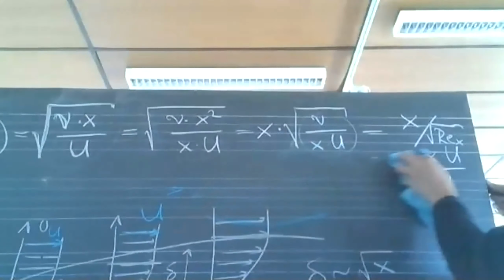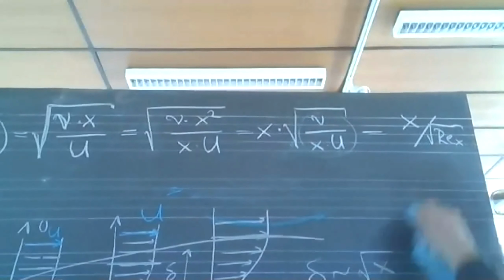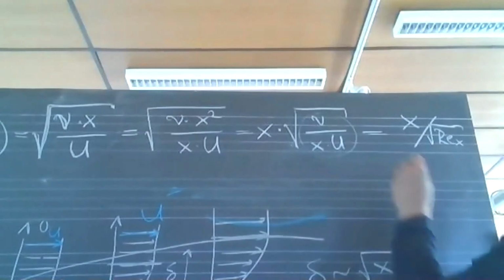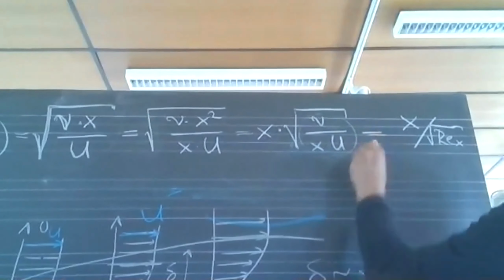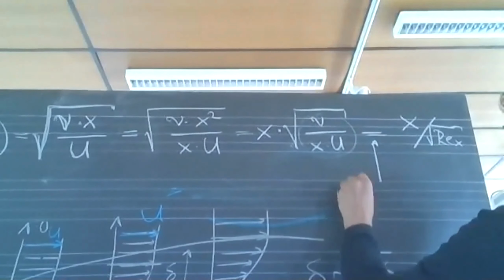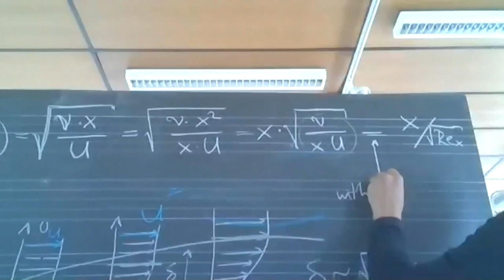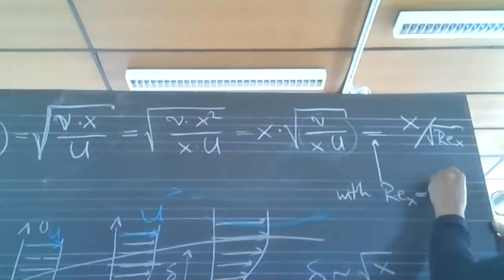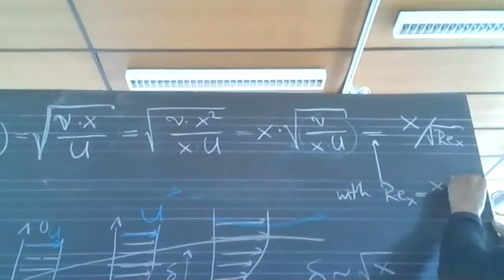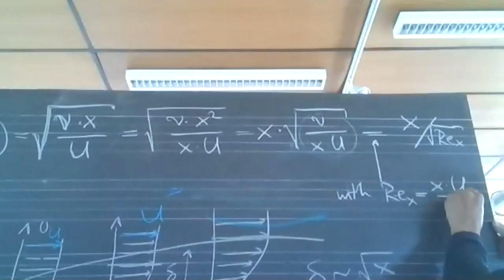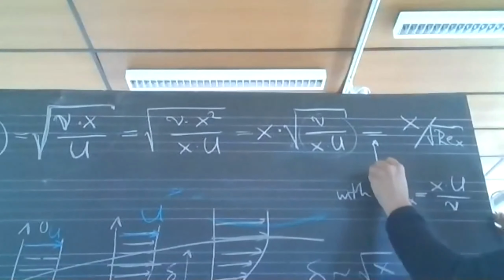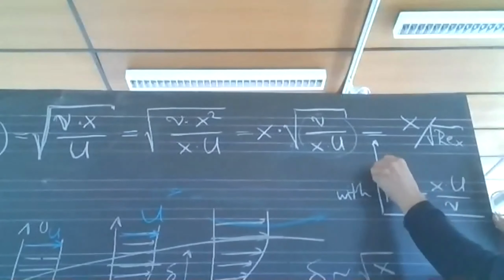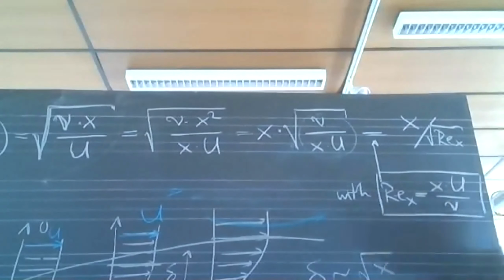Write this a bit nicer so you don't get confused. With a new Reynolds number defined as x times u divided by nu. This is the new Reynolds number that we're going to use for this Blasius boundary layer.